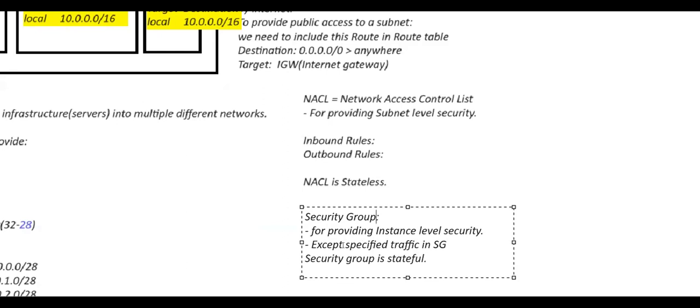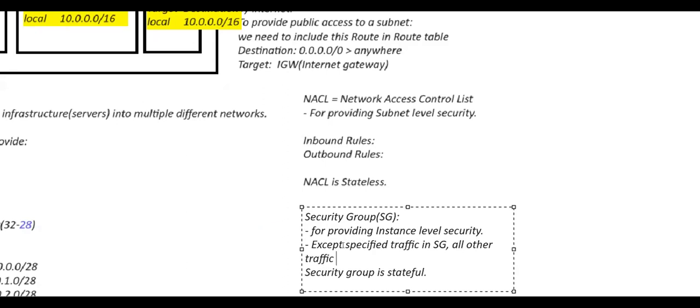In short, we call the security group SG. So except the specified traffic in the security group, all other traffic will be denied. Only the specified traffic in the security group is allowed.